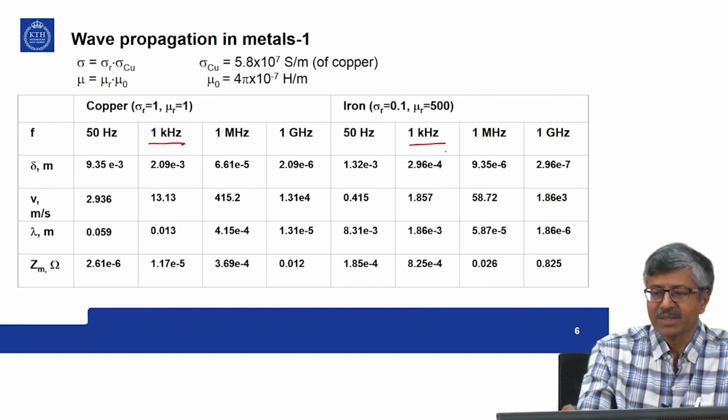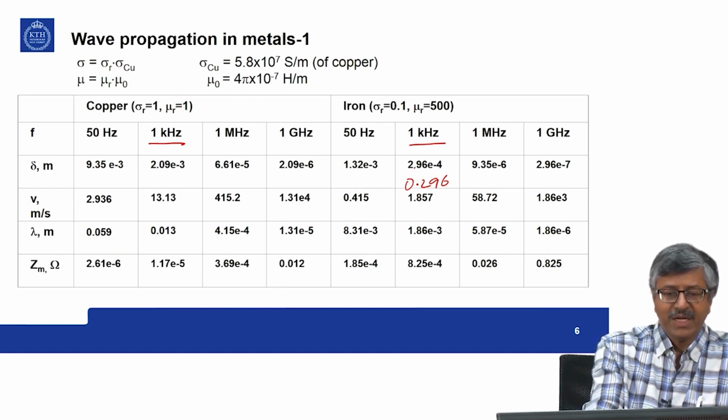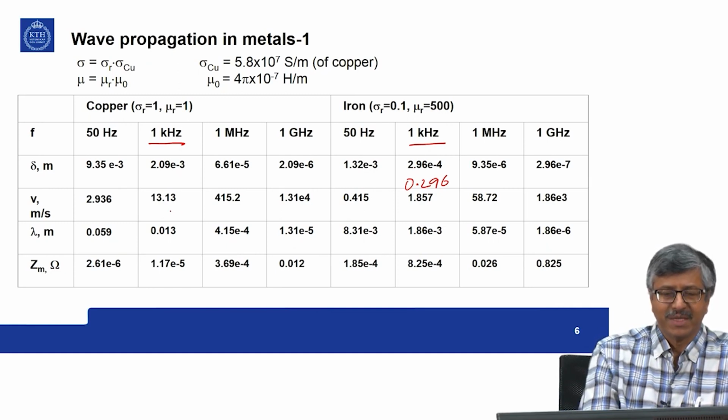At 1 kilohertz, you can see that skin depth is even smaller for iron. It will be 0.296 only for iron, and velocity 13.13 meters per second.